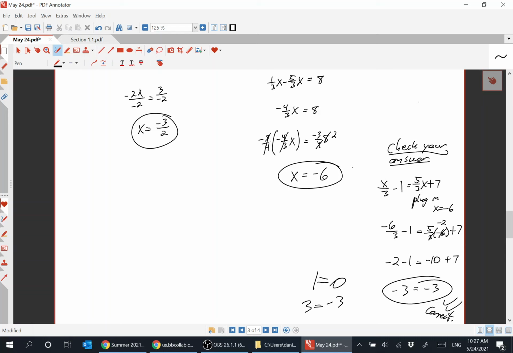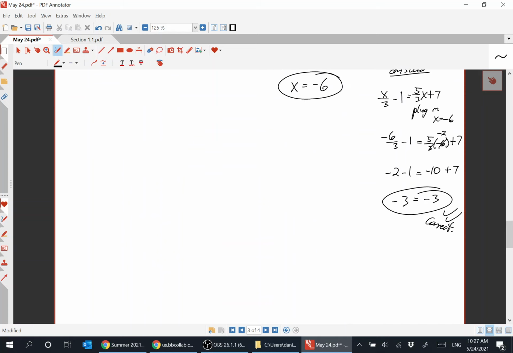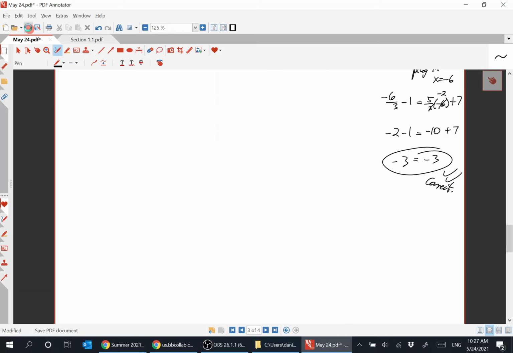One or the other. But if you get the same answer, then that's correct, and you can have confidence that you got it right. Okay, so you can always check your answer when solving equations. So that's a good example and a good practice to get into.